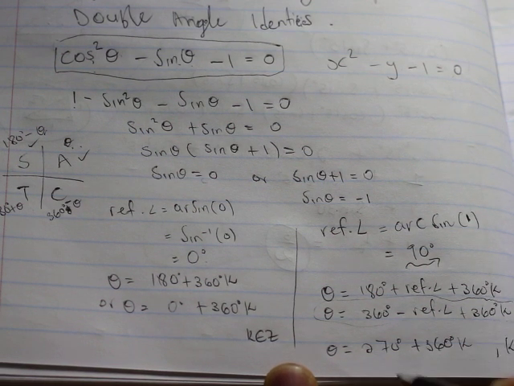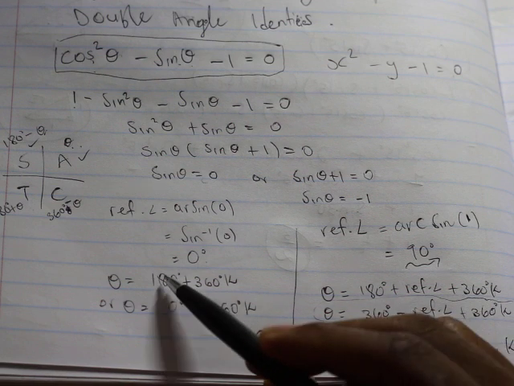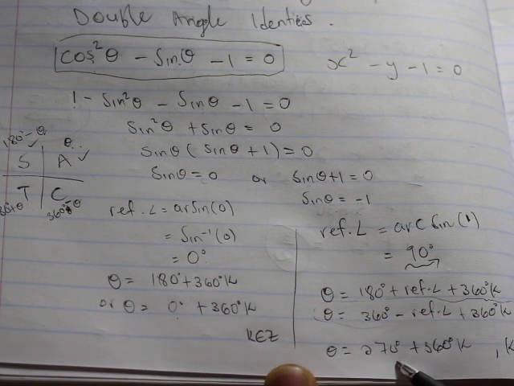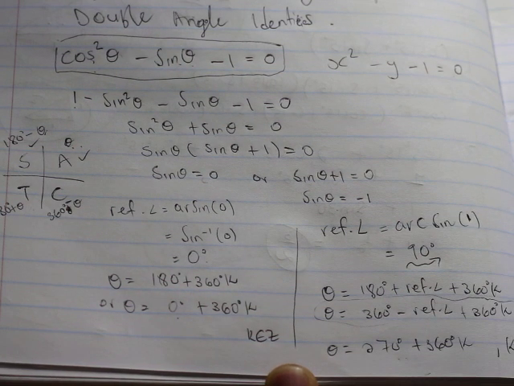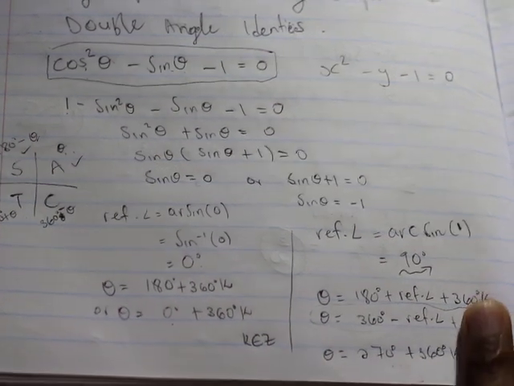So these are the general solutions. Okay, not 2 but 3. We've got 180, we've got 0, we've got 270 degrees. These are called general solutions because you can use them to find solutions at any x value.